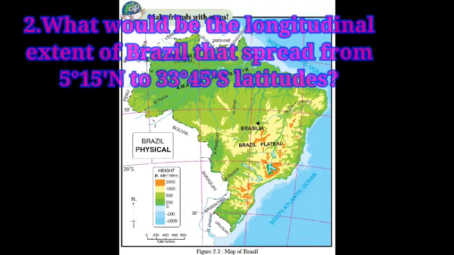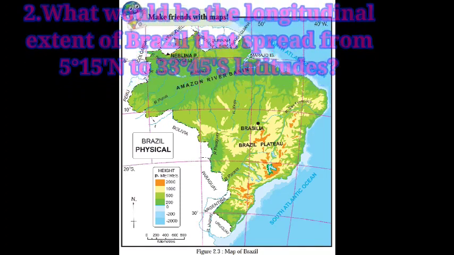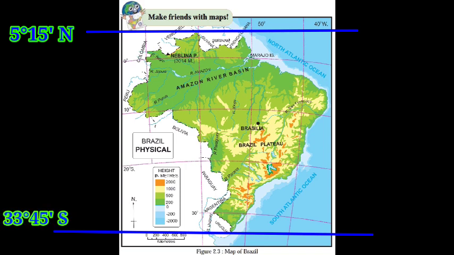Question number 2. What would be the longitudinal extent of Brazil that spreads from 5 degree 15 minute north to 33 degree 45 minute south latitude? 5 degree 15 minute north to 33 degree 45 minute south latitude. This is the latitudinal extent of Brazil.